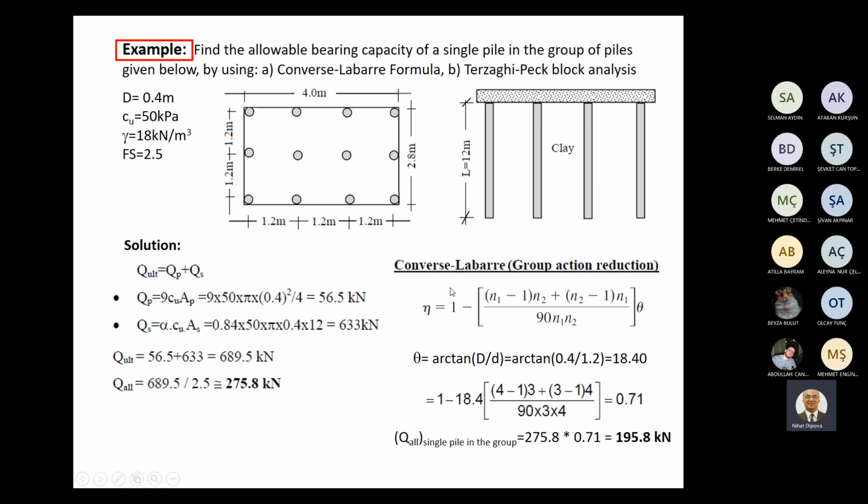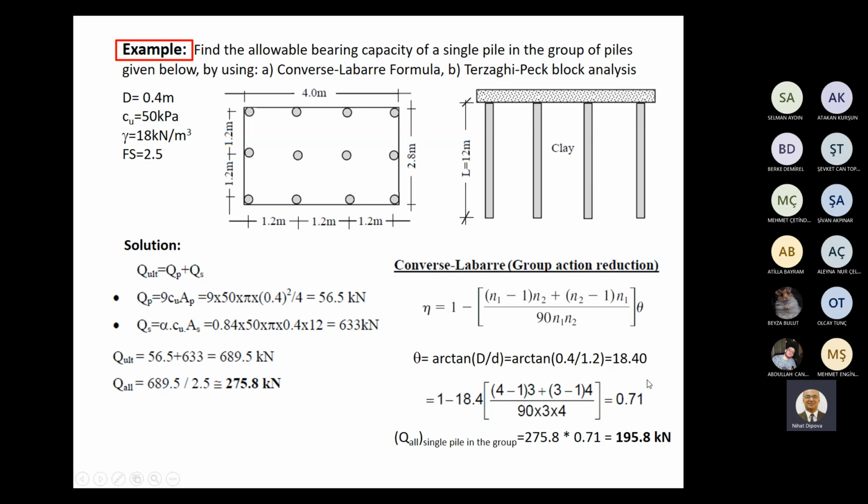In the Converse-Labarre formula, we have M1 and M2. What do we have to calculate? Theta first. As you remember, theta is the inverse tangent of small d over capital D, and it equals 18.4. Just putting this 18.4 here and the number of piles M1 and M2.